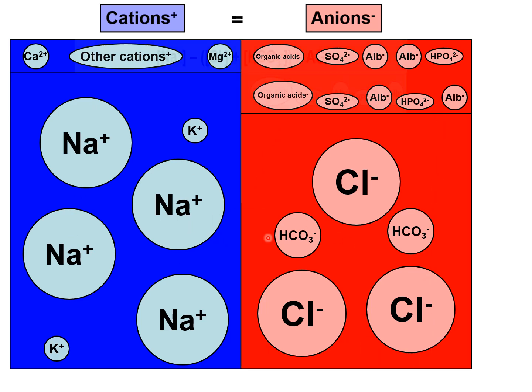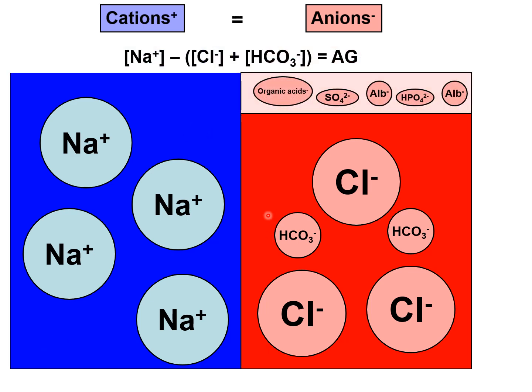But because we are not measuring everything, we measure only sodium, chloride, and bicarbonate, and we are not measuring a small amount of anions, such as organic acids, sulfate, albumin, phosphates, etc. So this is why the difference between sodium and the negatively charged chloride and bicarbonate gives you this anion gap.